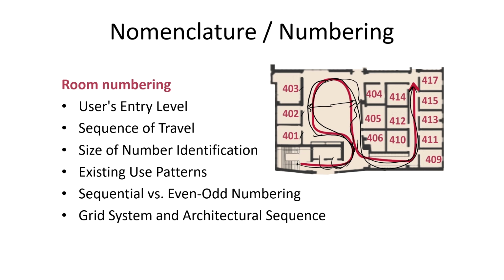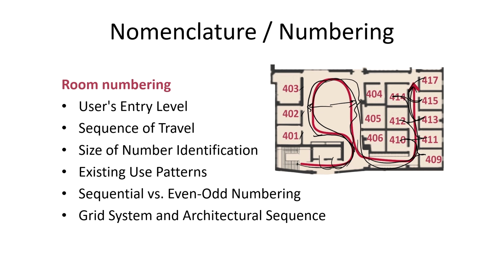In that scenario, we need to give the numbering with even and odd. So, you can see here 409, 410, 11, 12, 13, 14, 15 and 17. So, sequential or even-odd numbering, as I explained. Then there is a grid system and architectural sequences also.